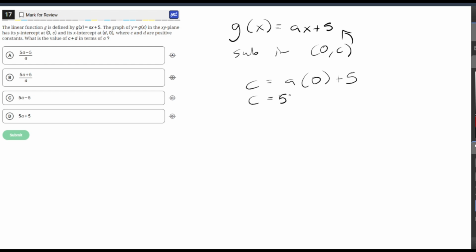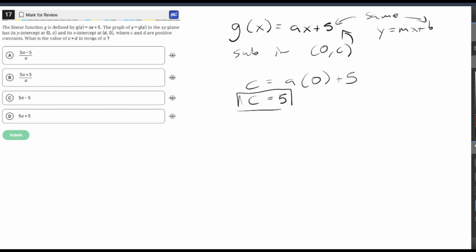You don't really have to do this if you know that the final term in the form y equals mx plus b, this b term, is actually the same thing. You don't really have to go through this process of subbing in 0, c. You just know that b is going to be the 5. So that's a fast way to know what your c value is for this question. So we have that c is equal to 5.